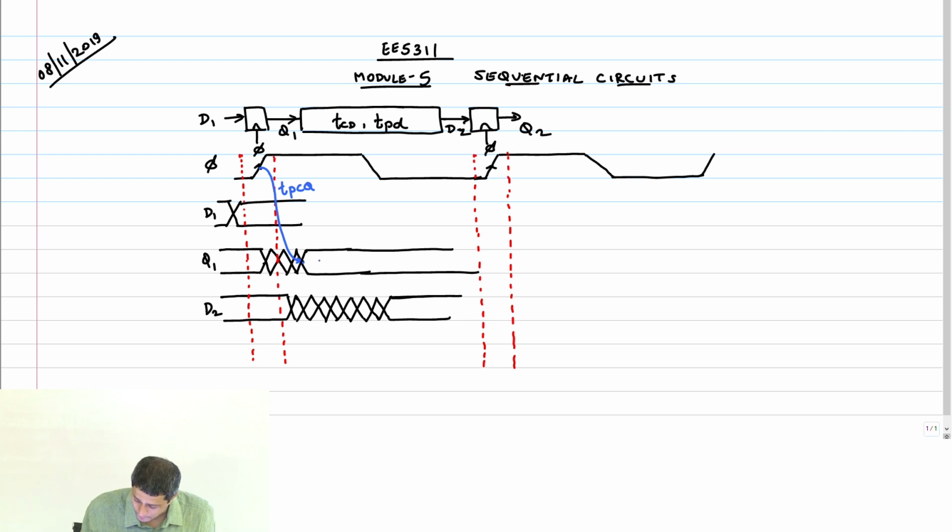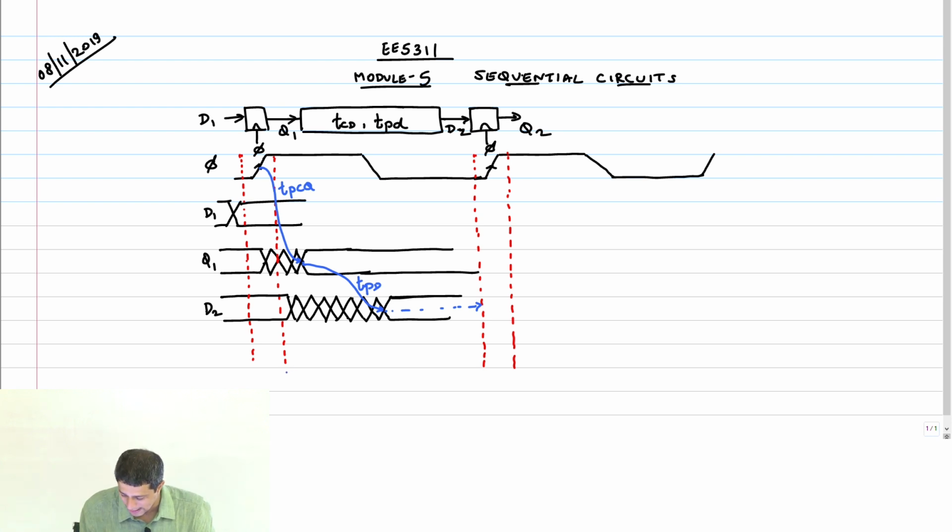From this delay, it's going to take a delay of TPD. And at most, that change has to happen a setup time before. So this edge can technically move all the way to here. That's the worst case constraint.